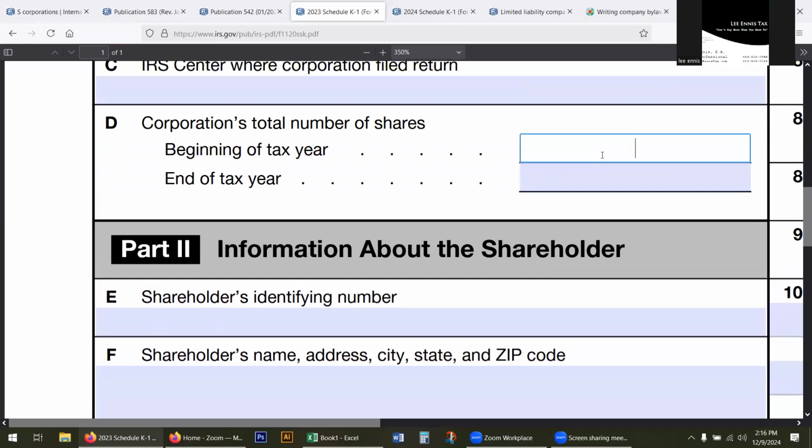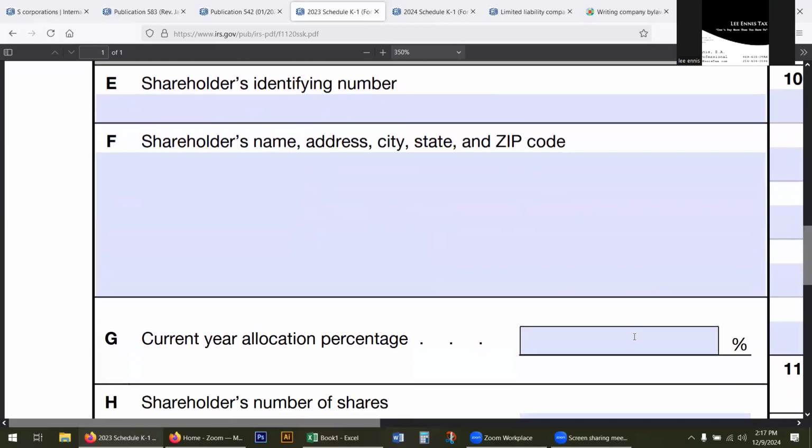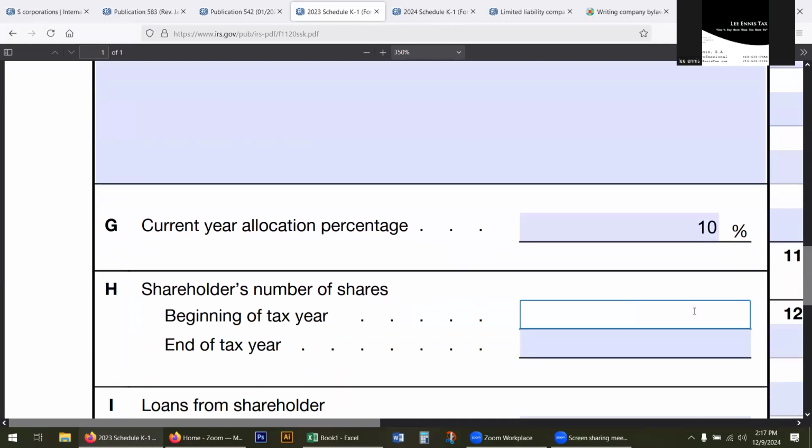If the corporation has, let's just say, 10,000 shares to begin the year, and they didn't issue any new shares, we'll talk about issuing new shares, but it's 10,000 at the end of the year too, right? And this particular owner owns, let's just say, 10% of those shares. You still have to come here and say how many shares that is.